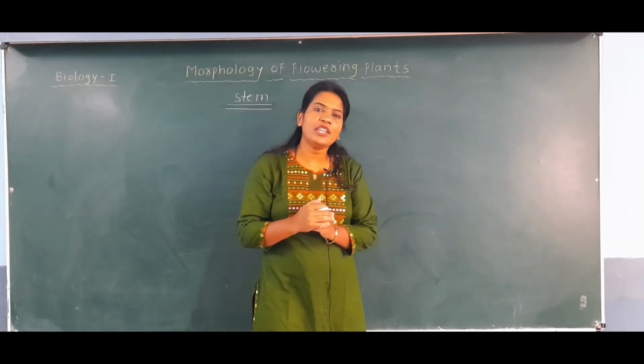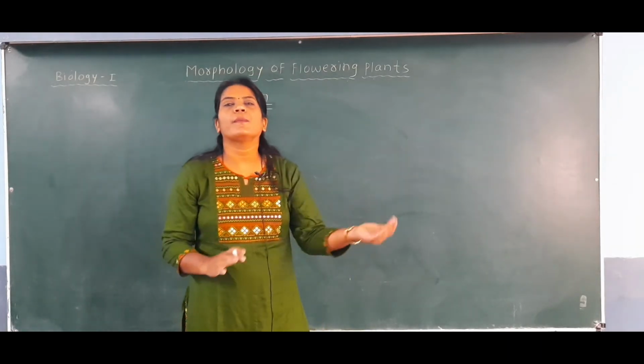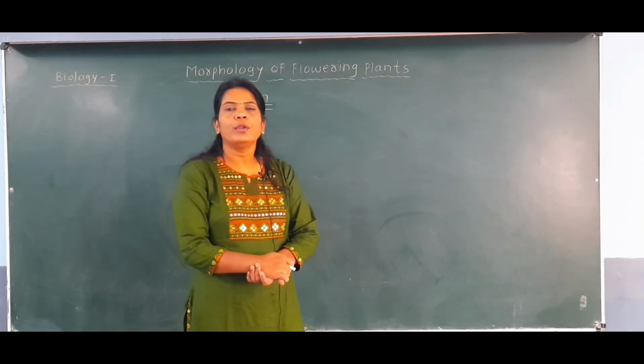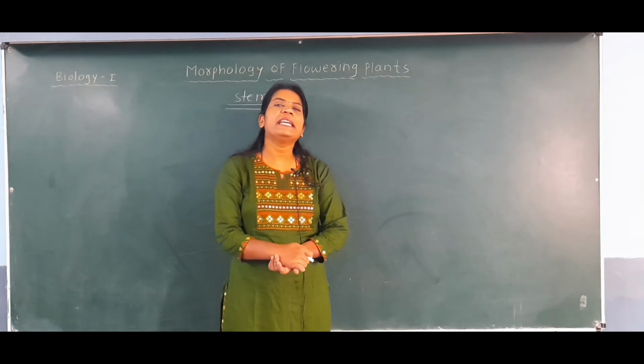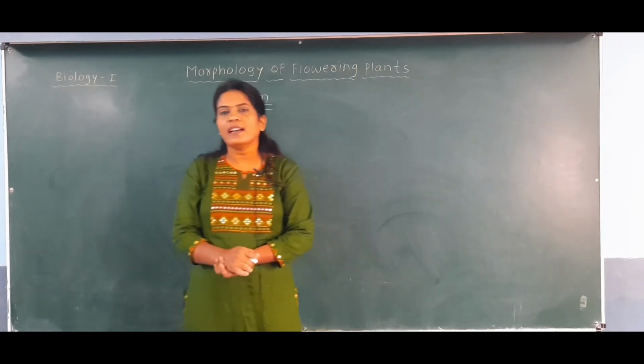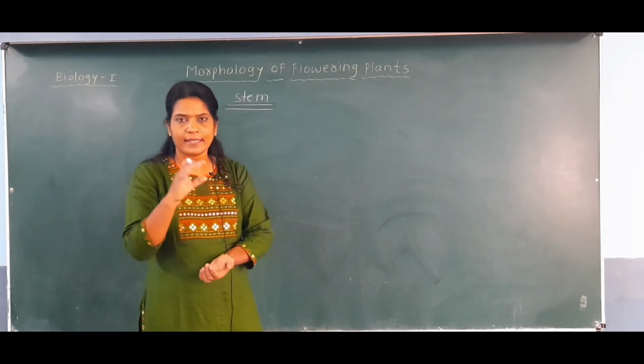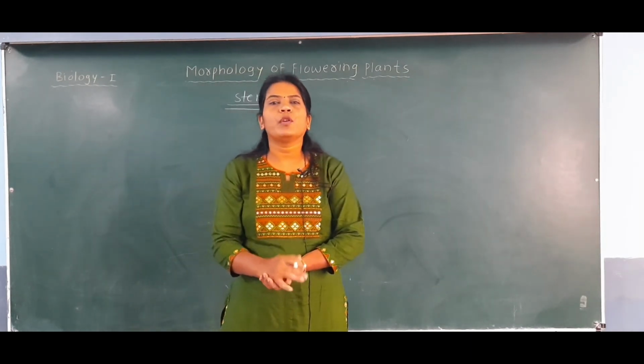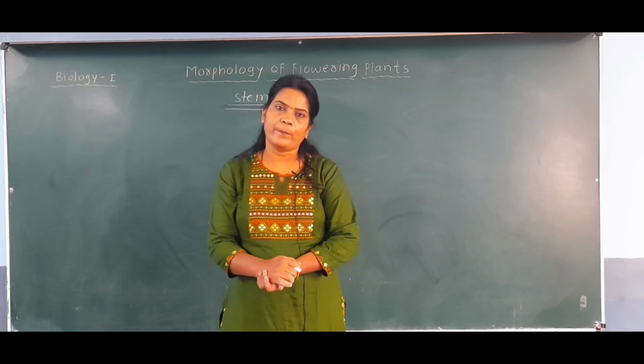You can easily distinguish the stem from the root. How? Because everyone of you knows that the stem is a green part. When you observe the young stem, you can see that it is green, and later on the stem becomes woody and brownish.